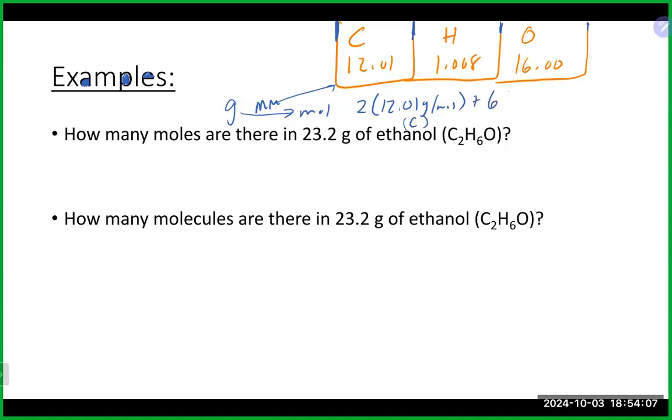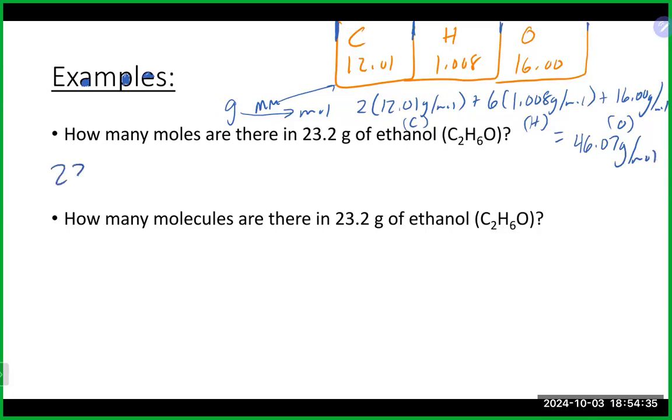That's what I think it says. 1.008 grams per mole from the periodic table for our hydrogens. And lastly, we have just 1 oxygen, which would be 16 grams per mole from the periodic table. That's going to give us a molar mass of this compound of, I'll go 46.07, I think, grams per mole. So again, that is going to be our conversion factor here.